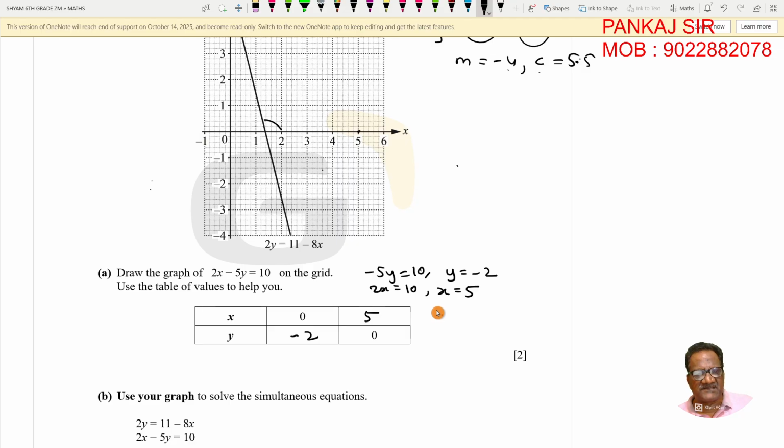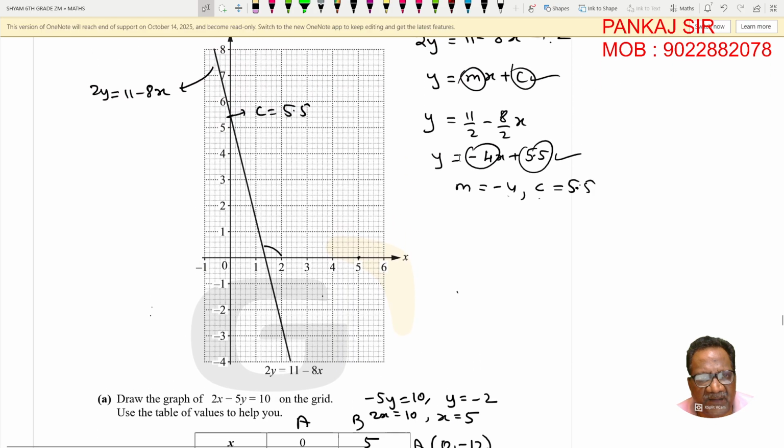So the 2 points are, one point is 0 comma minus 2, suppose this is point A, and B has x coordinate 5 and y coordinate 0. So you are getting 2 points, and 2 points are enough to draw a straight line graph. Now you plot these points on the graph. So A is 0 comma minus 12, right?